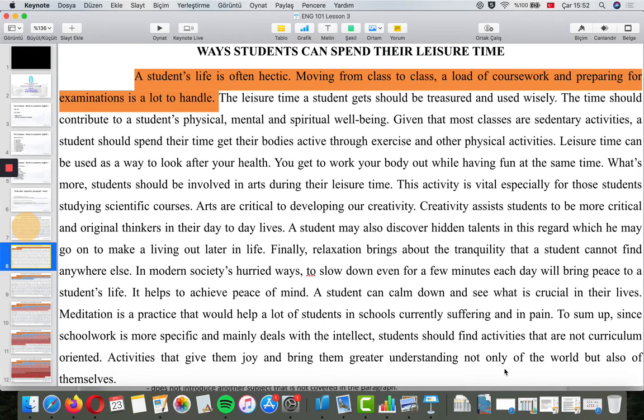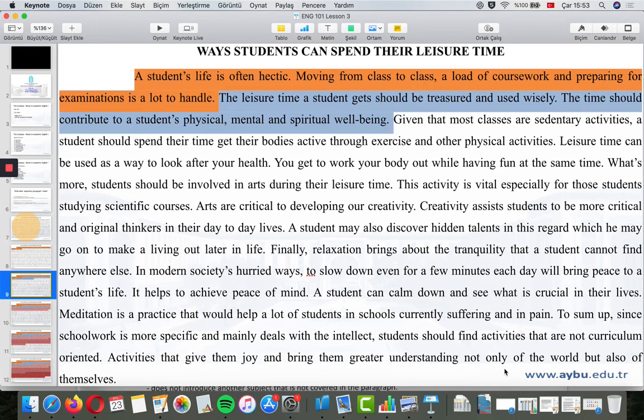I'm very sorry. This is our topic, okay? This is the introduction part. A student's life is often hectic, so I understand this paragraph will be about students' life. Moving from class to class, a lot of coursework and preparing for examinations is a lot to handle. So this is a topic.